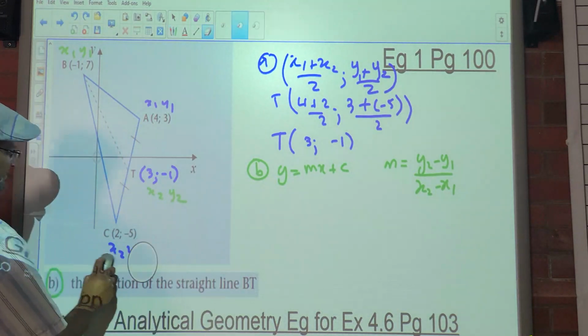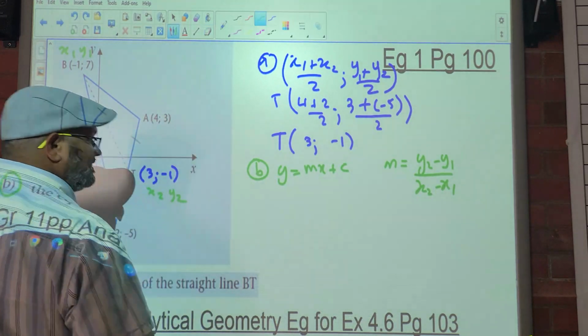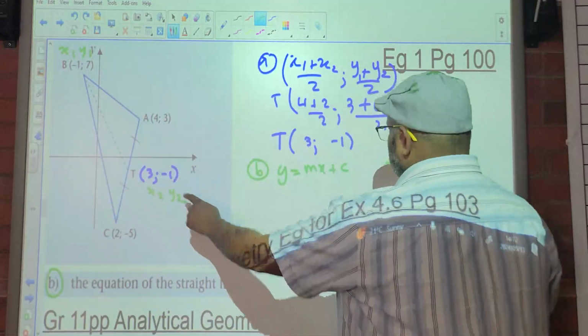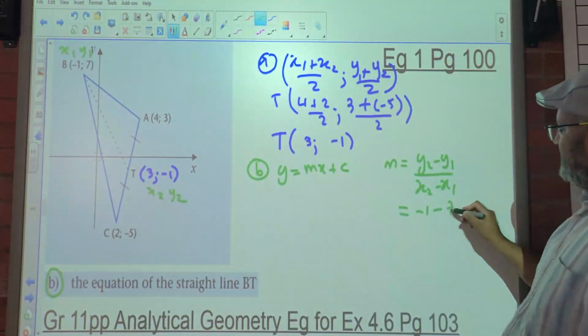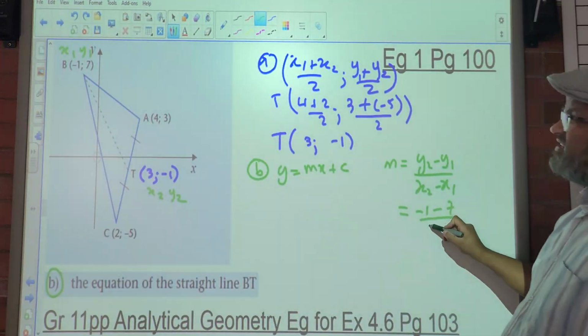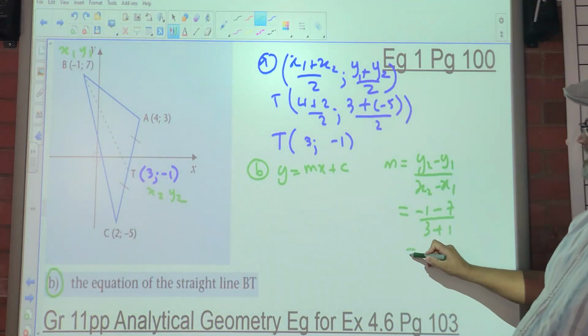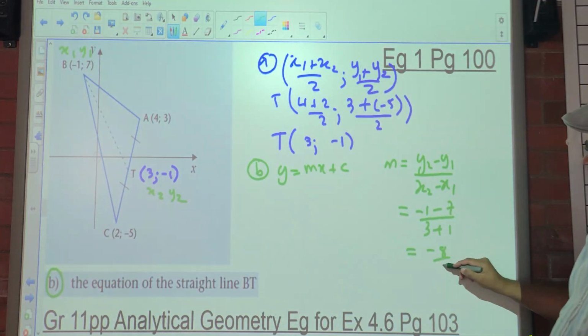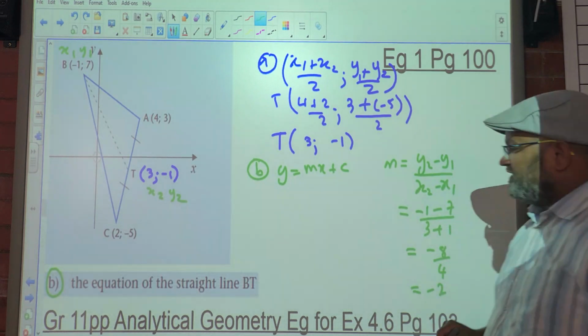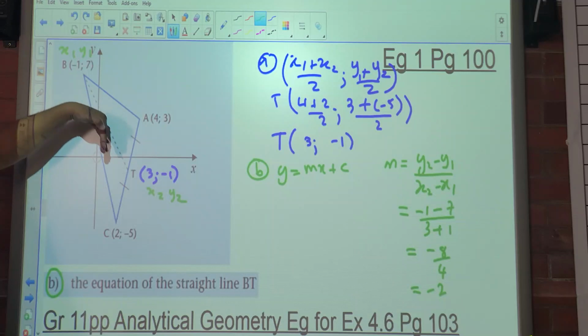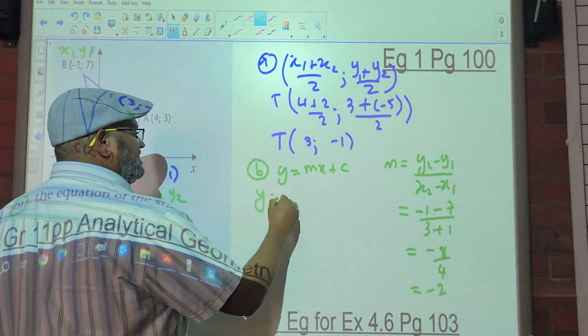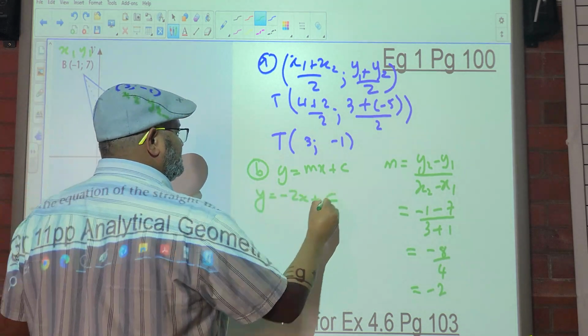Y2 is -1 minus 7 over 3 minus -1, which is -8 over 4, which is -2, which confirms the slant of this graph. Can you see the graph is a decreasing function? So the gradient has to be negative. My equation reads y equals -2x plus c.